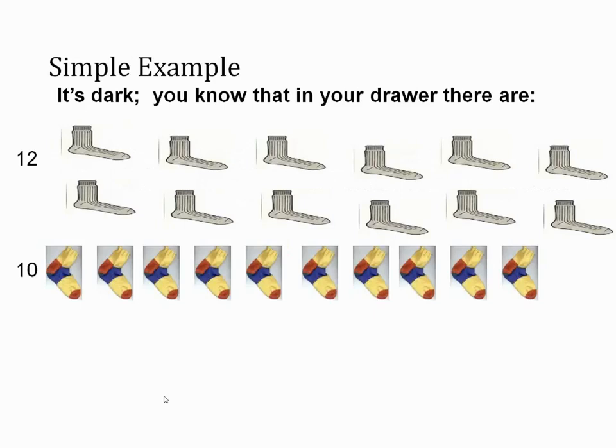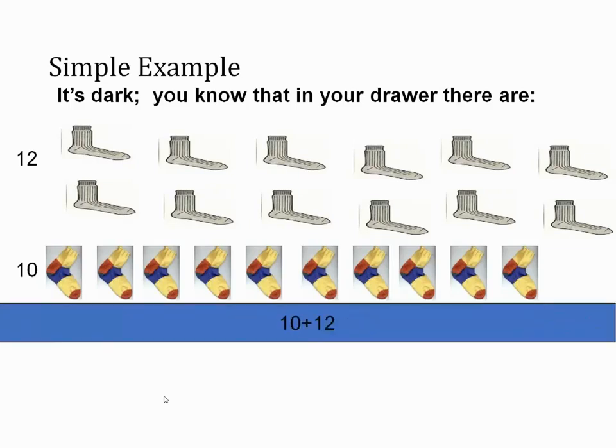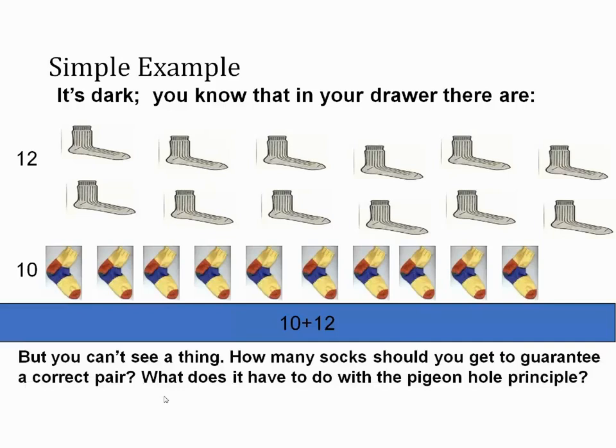Another example, it's dark, you know that in your drawer there are socks. Here 12 socks are there and 10 socks are there. But you can't see a thing. How many socks should you get to guarantee a correct pair? What does it have to do with the pigeonhole principle?